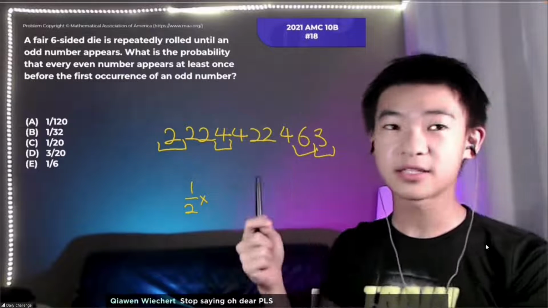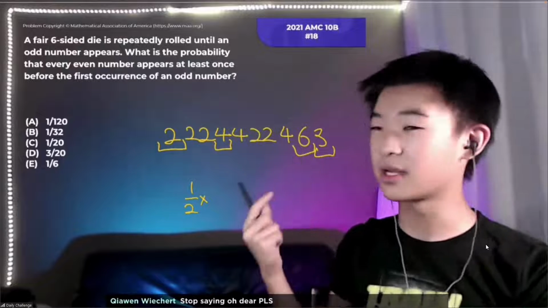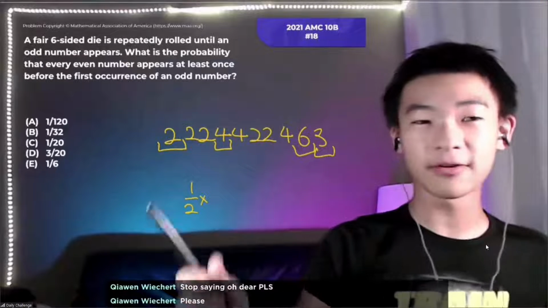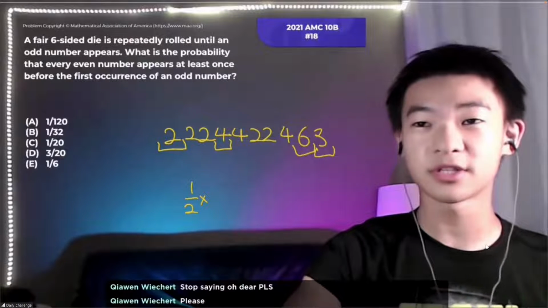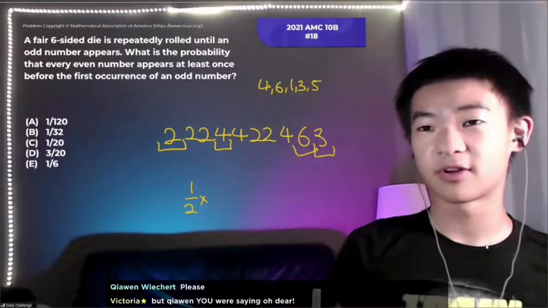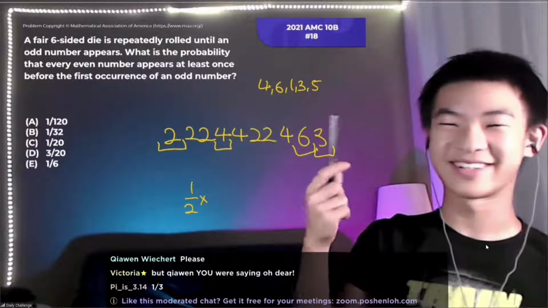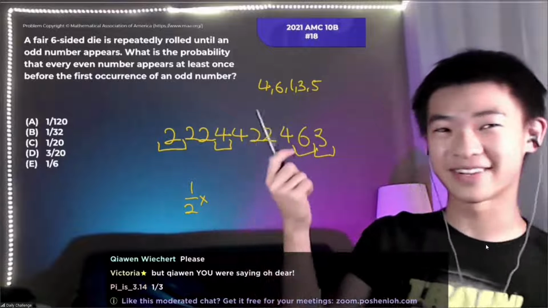But in the next new different number, what is the probability that it won't be an odd? It'll be a different even. So if we already got 2 here, then for the next different number, the choices are 4, 6, 1, 3, and 5. If we get 1, 3, and 5, we're done because not satisfied condition. So the probability it works here is 2 out of 5.